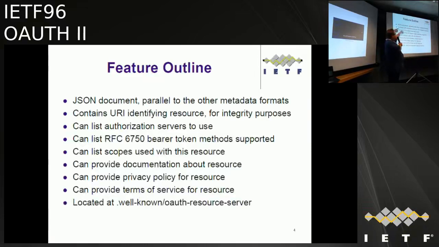It's a JSON document where the format is exactly parallel to the other metadata formats. It contains a URI that self-identifies the resource for integrity purposes, something I talked with Tony about before, as the other documents do.